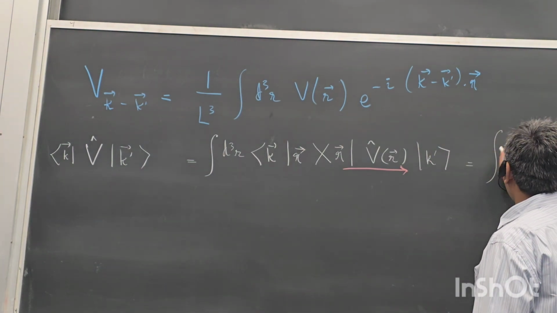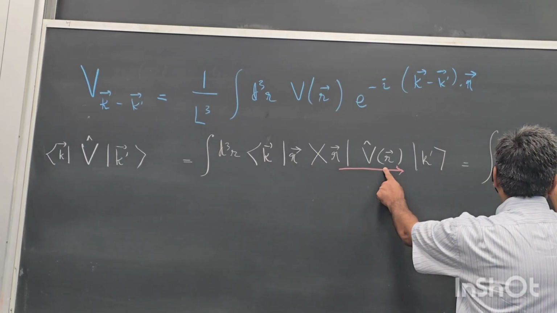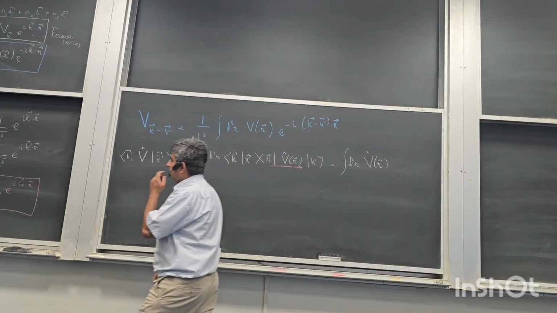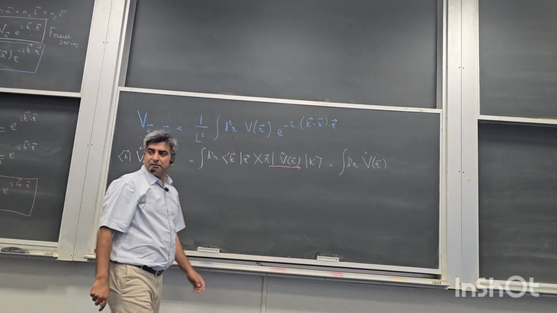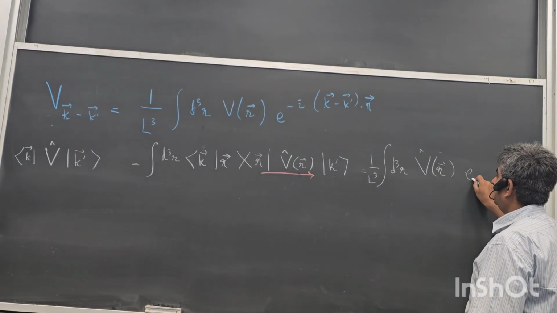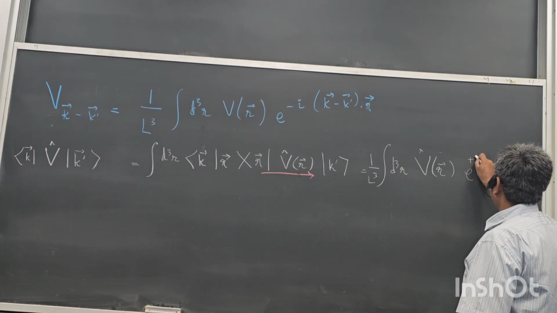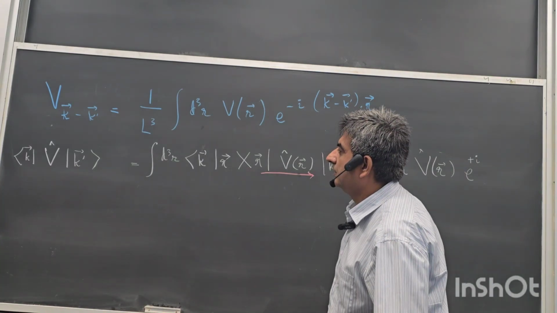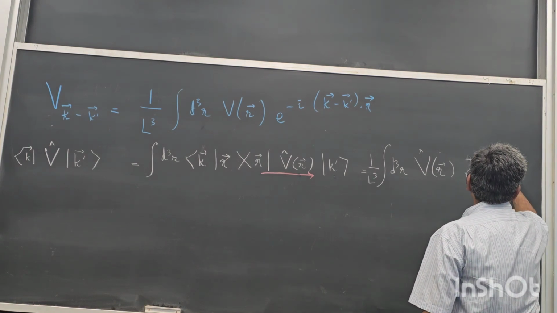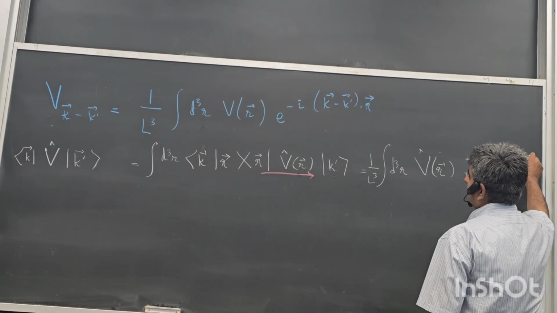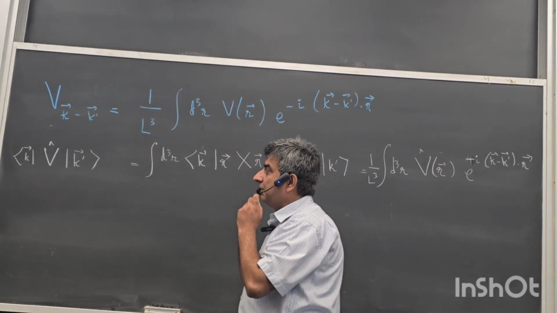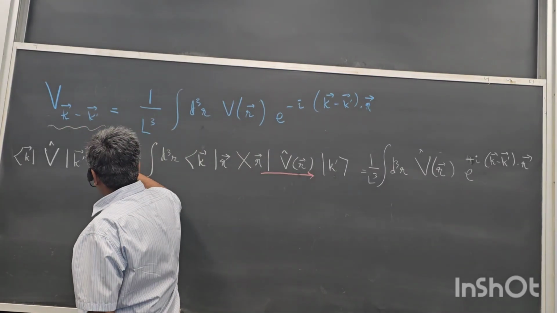This becomes d cubed r. This is just a scalar function. This term k prime r has been defined over here. So I will get 1 over L cubed, e to the minus i(k-k') dotted with r. But this is equal to this coefficient as well. So this coefficient here is equal to a matrix element.